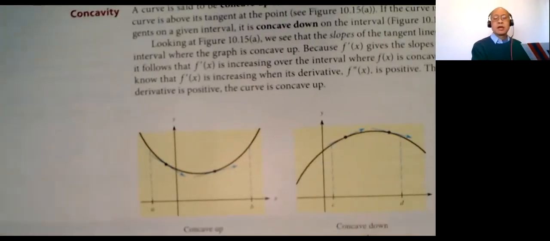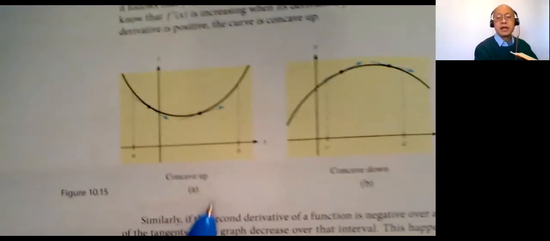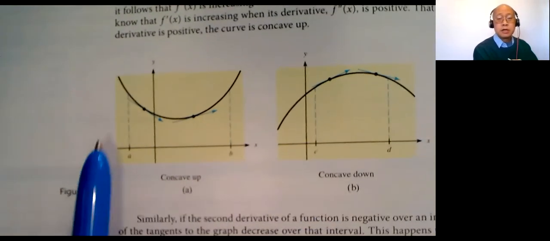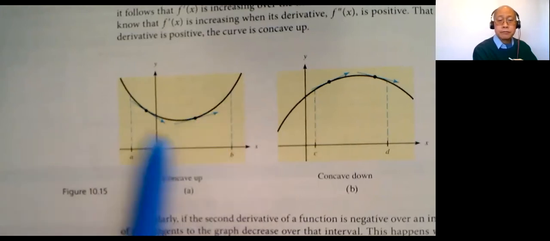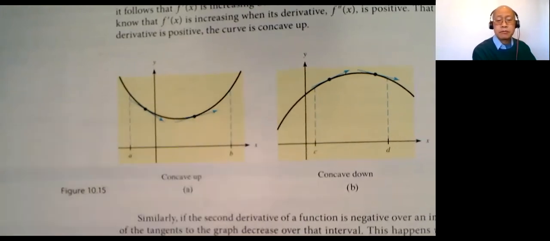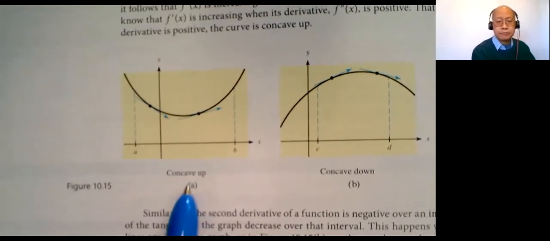Now something called concavity. Okay, on my page 644. Concave up and concave down. If the graph is curving like a U shape, like this U shape, it's called concave up.